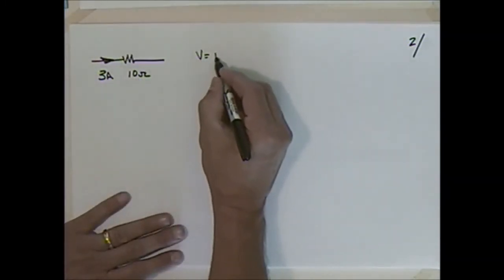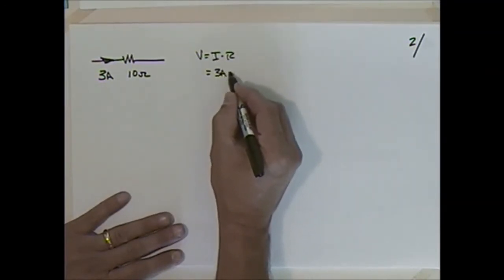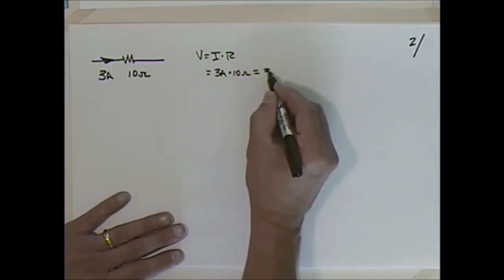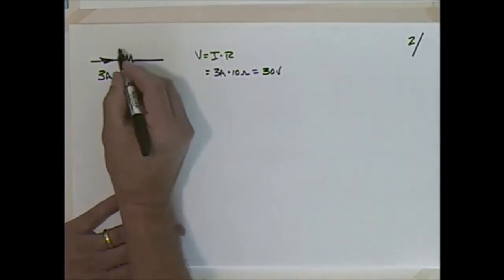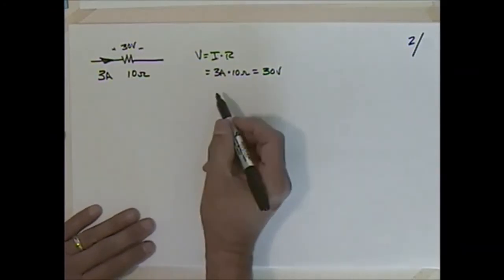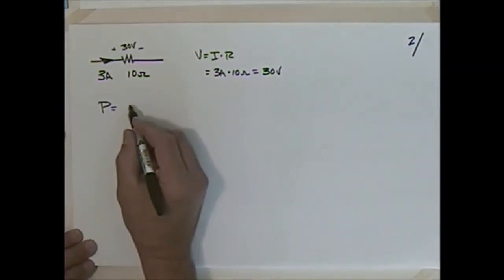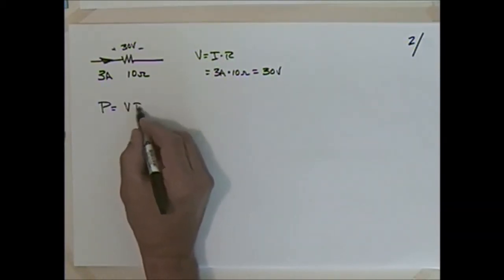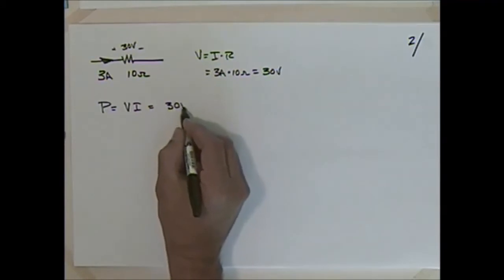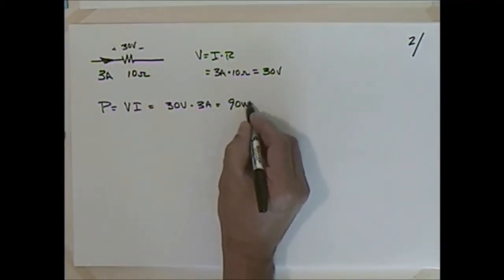V is equal to I times R, which was 3 amps times 10 ohms, which got us 30 volts, right? If we wanted to talk about power, we could say that power is equal to V times I. So we have 30 volts times 3 amps, which is 90 watts.